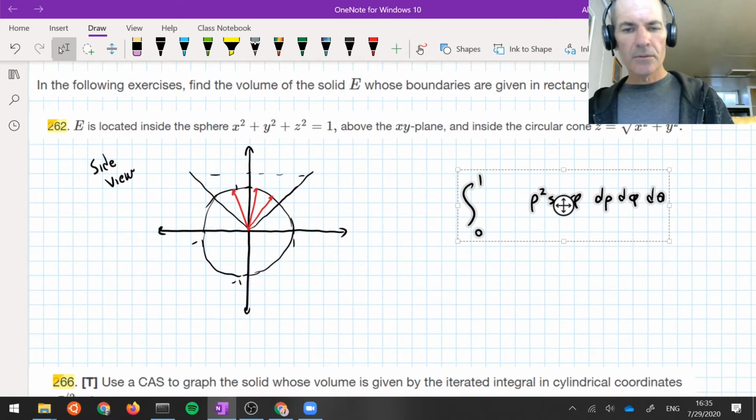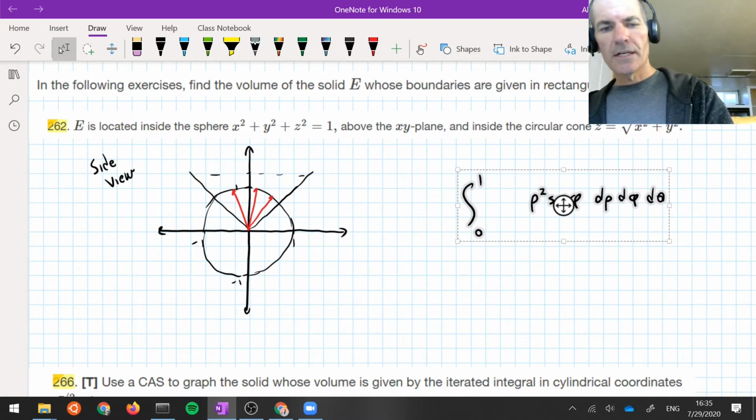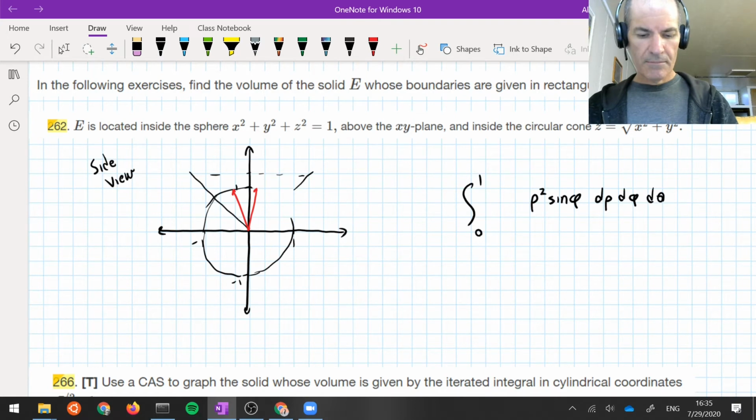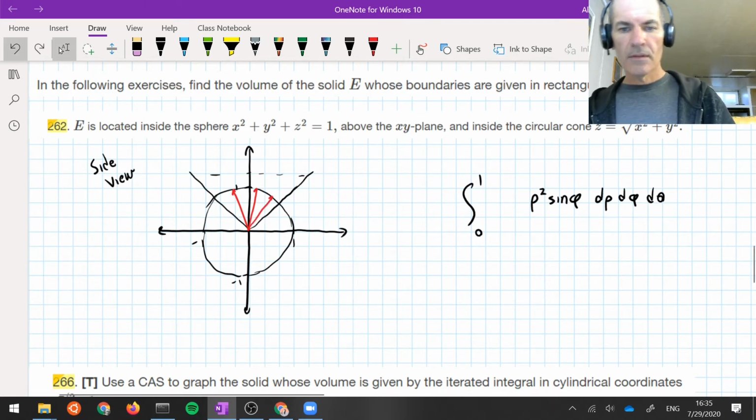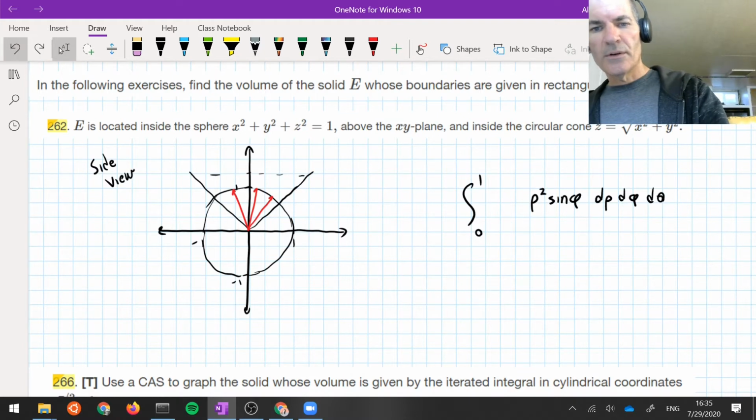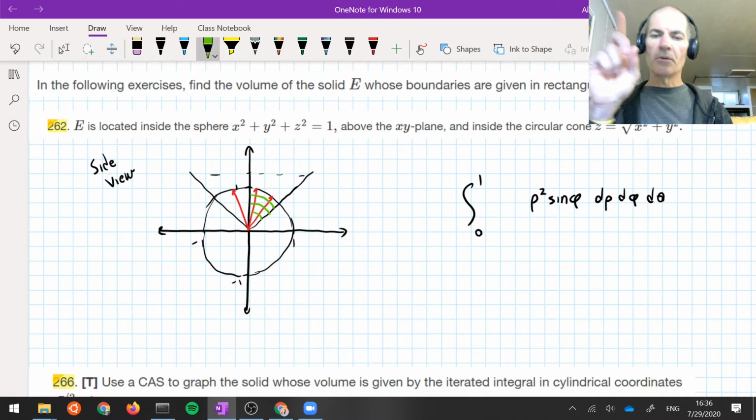Let's get rid of these rho tracings and focus on the phi tracings. Maybe I won't get rid of the rho tracings, I'll just trace them here. Right? In phi, we're doing these kinds of arcs from the North Pole out to the cone.